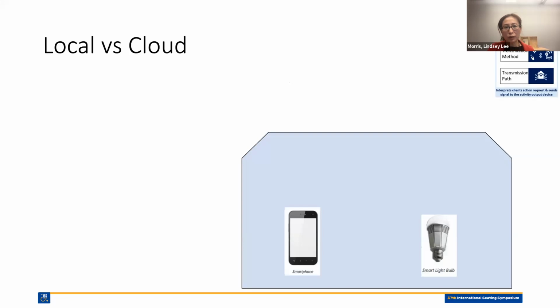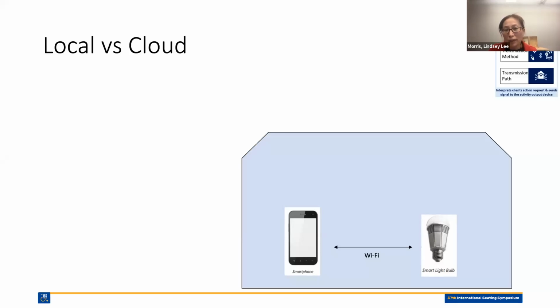So I'd like to show you, this is a house, and if you have a smartphone and a light bulb, and they all talk through Wi-Fi, then they can actually talk to each other without going out of your house. Theoretically, you don't really need internet. You can just have them communicate.